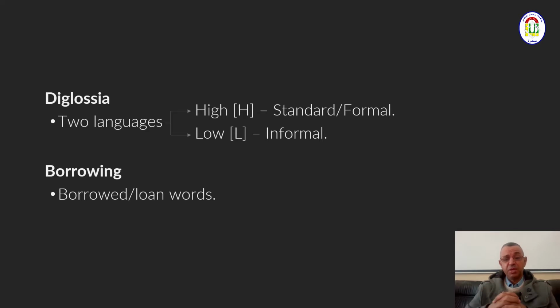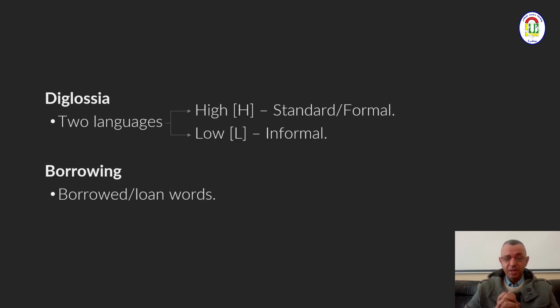If the speaker is in a formal context, he has to use the high standard formal language. If he is in an informal setting, he or she may use the low informal language. This is diglossia.